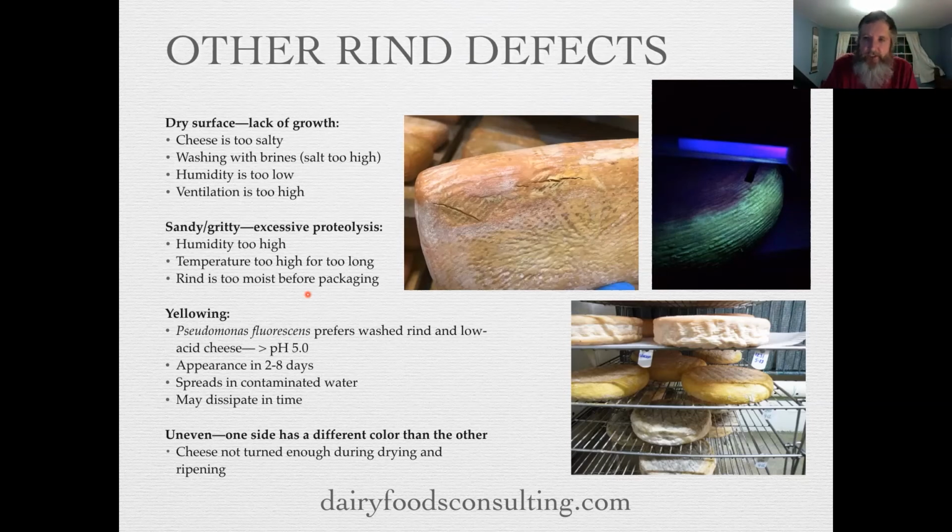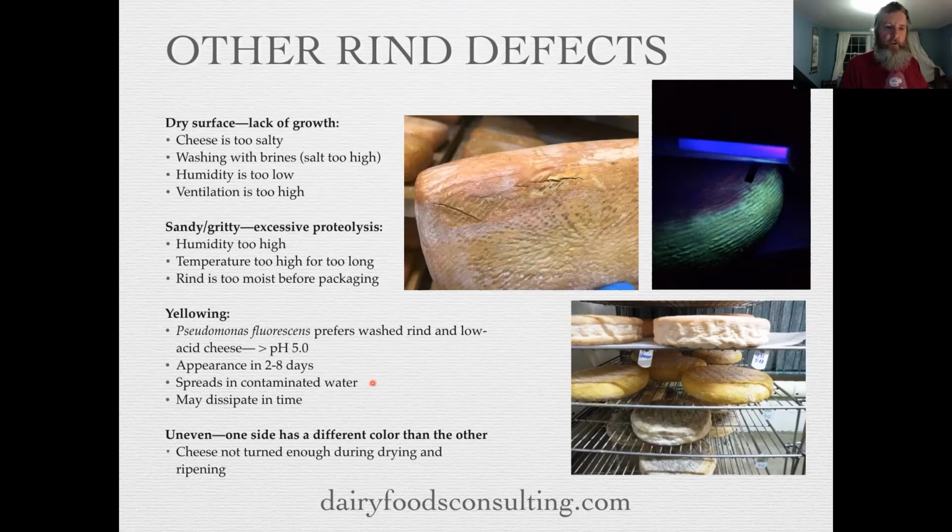If you have yellow spots on your cheese, and you put the cheese under a black light and it fluoresces, that we know is Pseudomonas fluorescens. It's actually more prevalent on washed rind cheeses than most any other family of cheese. It likes a bit higher pH and shows up pretty quickly.